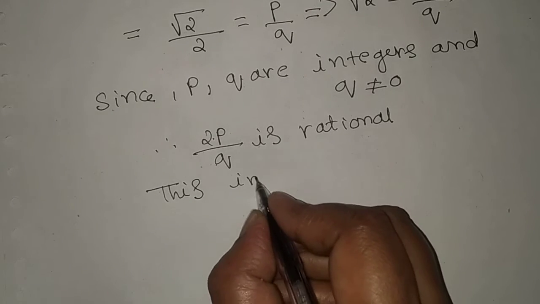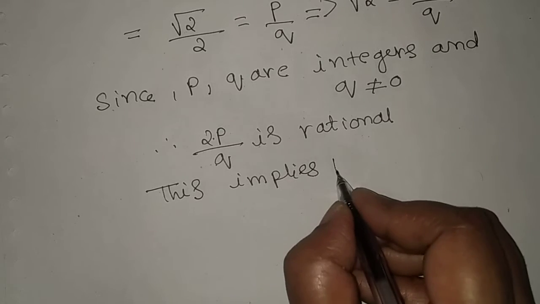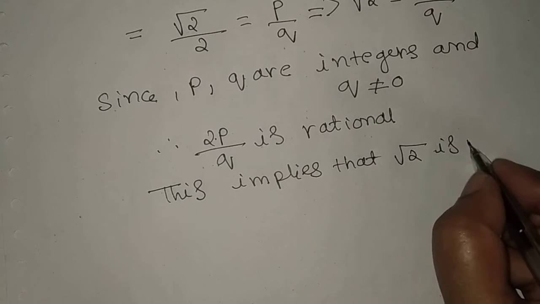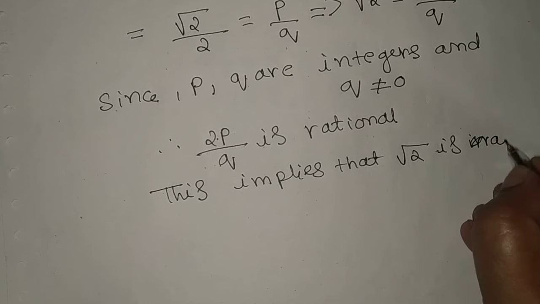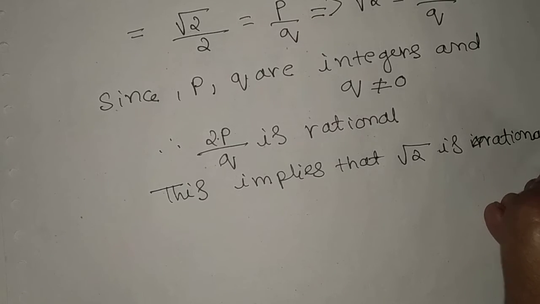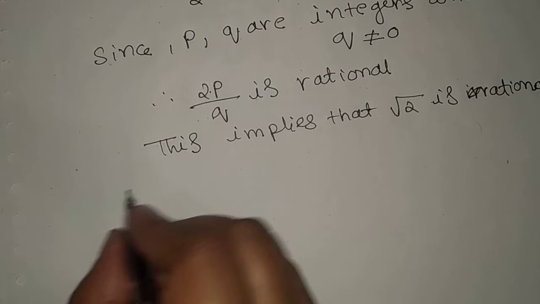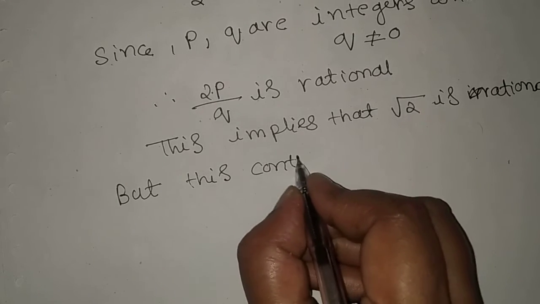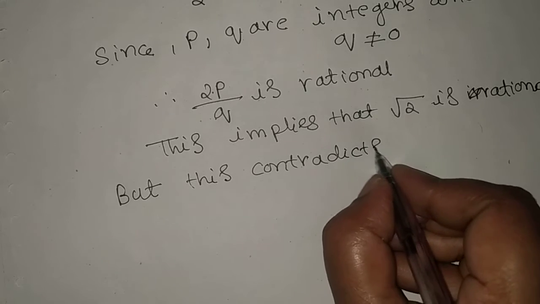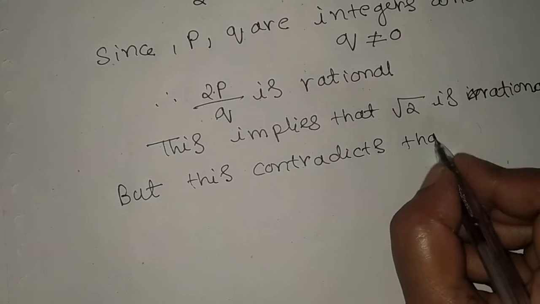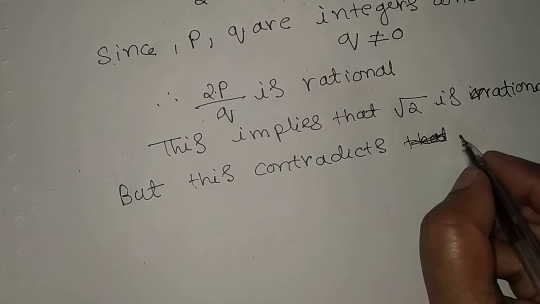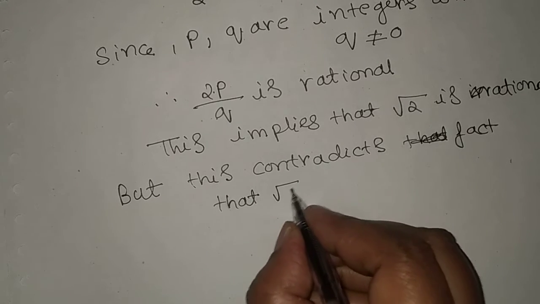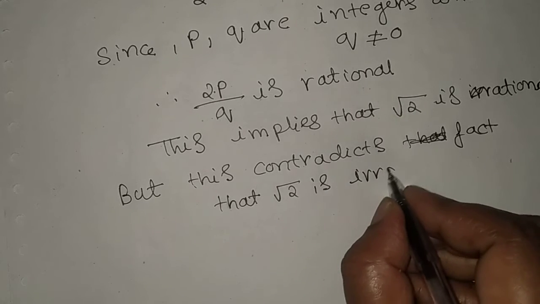This implies that root 2 is rational. But this contradicts the fact that root 2 is irrational.